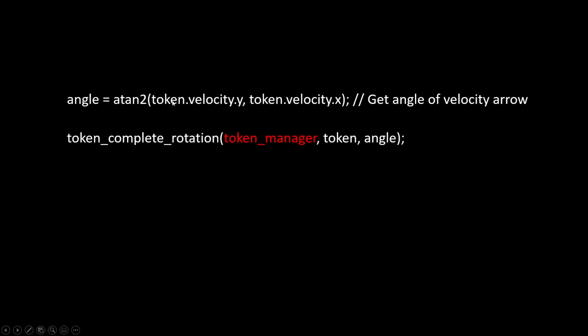And then this new angle is passed to another helper function that will complete the rotation. Now this function does more than just make sure that our token then travels at a speed of 1. Because what you might have noticed is that this function also takes a thing called Token Manager, and I've highlighted it in red. This will be used to get information about every other token on screen as well.